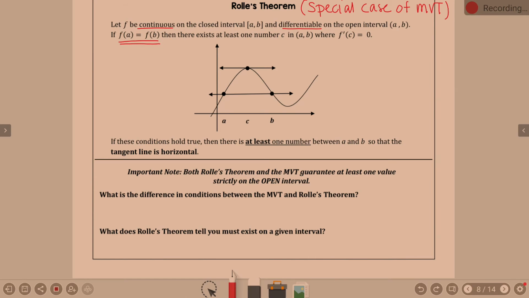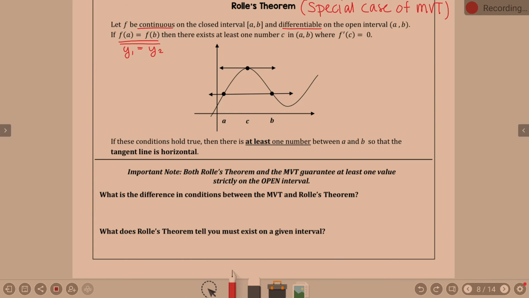When we say f of a equals f of b, these are both y values, so their y values are the same, like y1 and y2. So when you draw that secant line, my y values are the same, which means I'm drawing a horizontal secant line. Then there has to exist a place c where there is a horizontal tangent line as well.